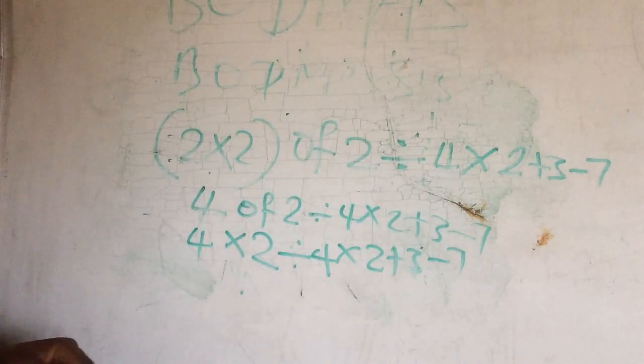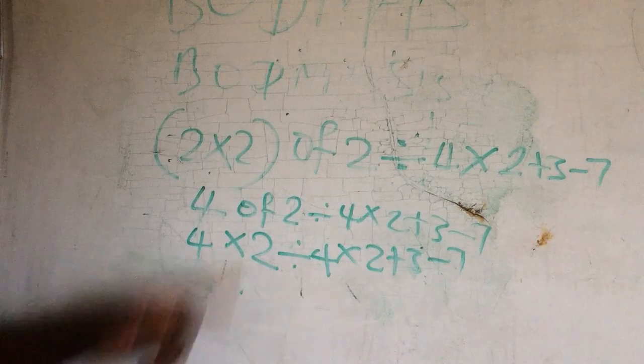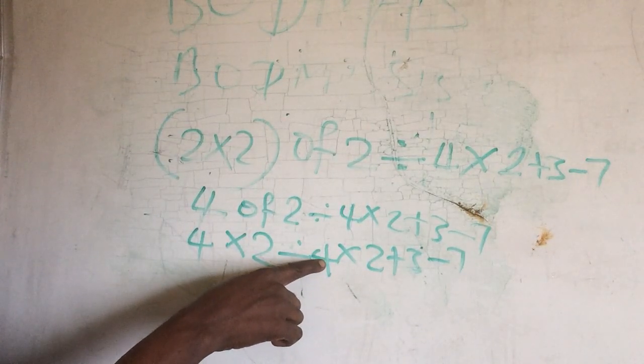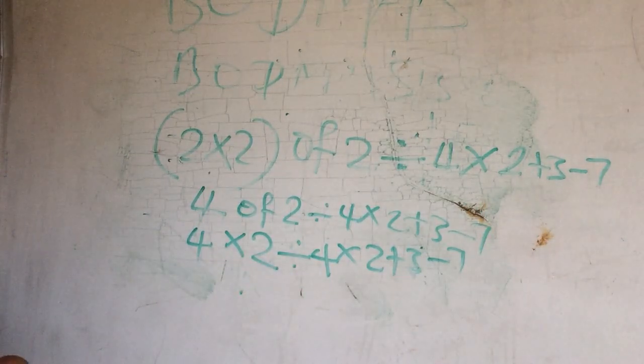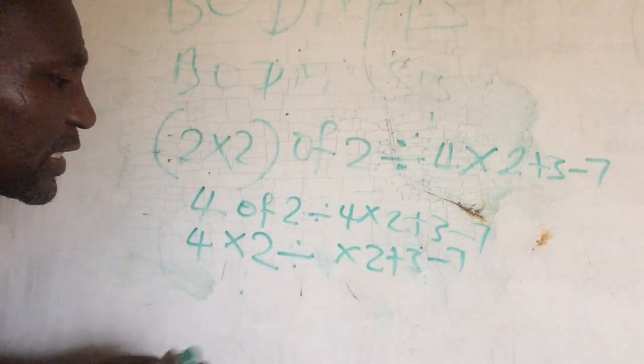So the next one is division. Division is what you will do before multiplication. Let me do it in a way that it will be simple for us. Let us change this one to 2 so that you will understand what I'm doing.